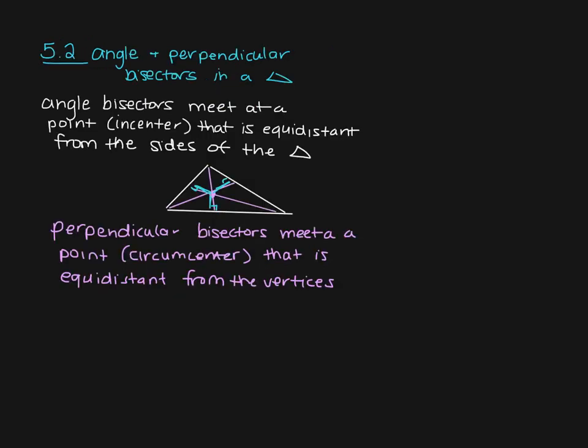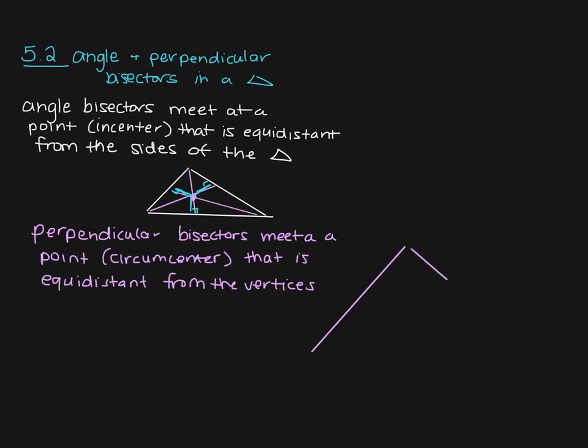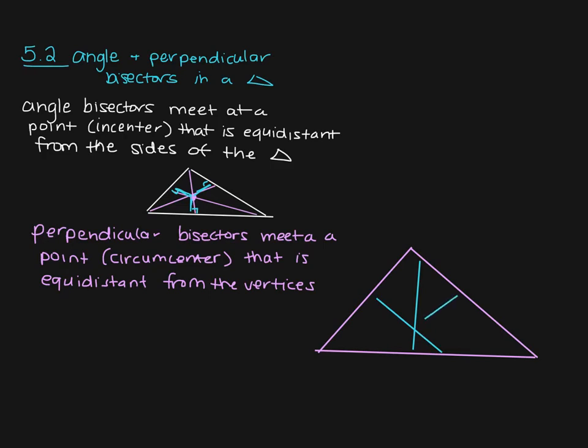So again, if I had a triangle, and I'm going to try to eyeball my perpendicular bisectors, but they would be at the midpoint and they would be perpendicular. So something like that, something like that, and something like that. These would all meet at a point that's equidistant from the vertices. So from that point, which is the circumcenter, to each vertex would be congruent.